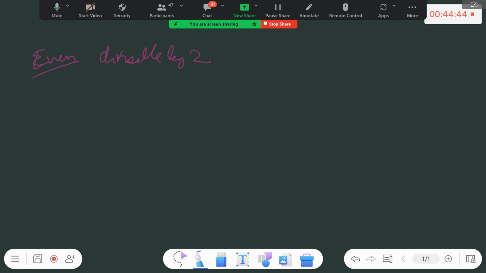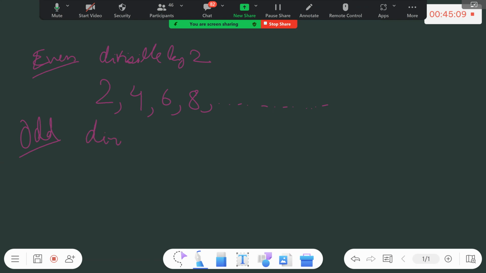So, which are the numbers divisible by 2? They are the multiples of 2. They will be starting from 2, 4, 6, and so on.